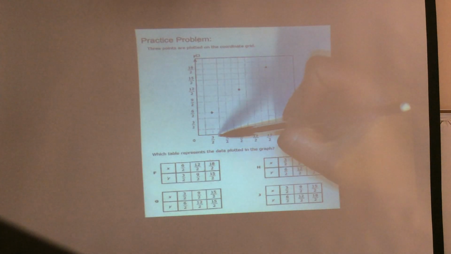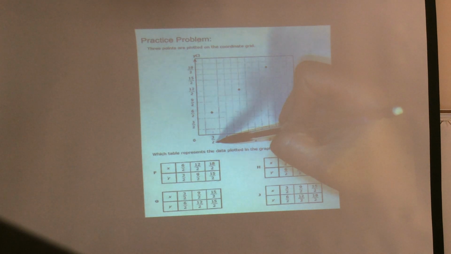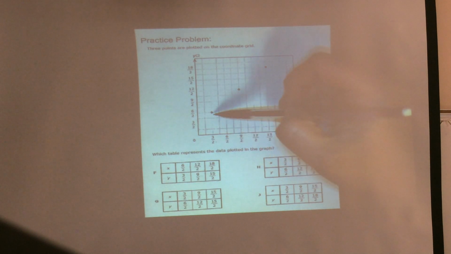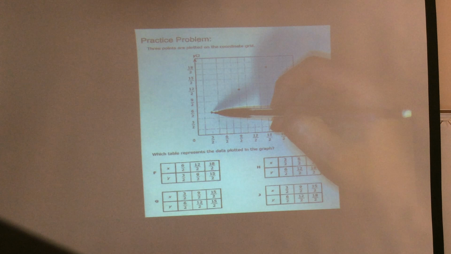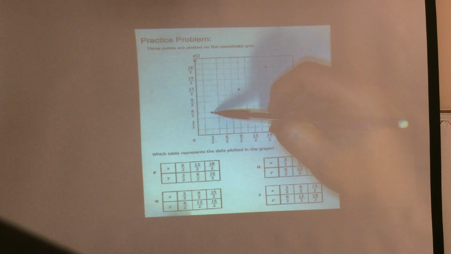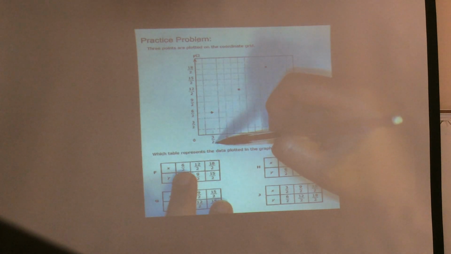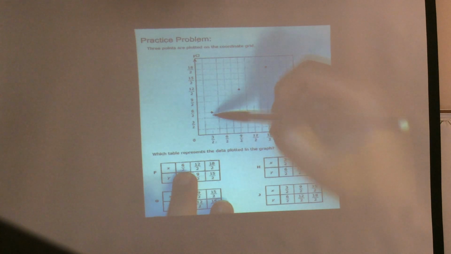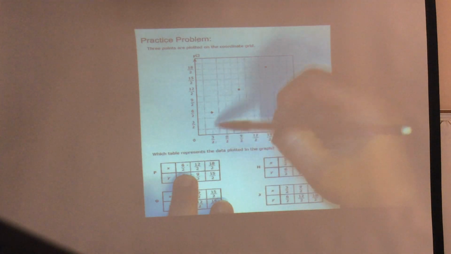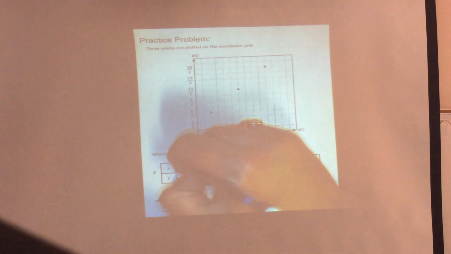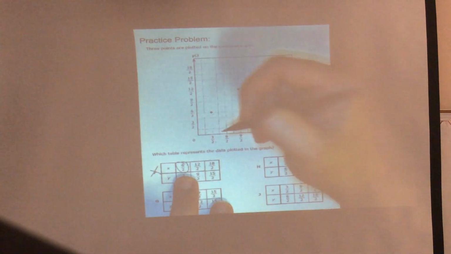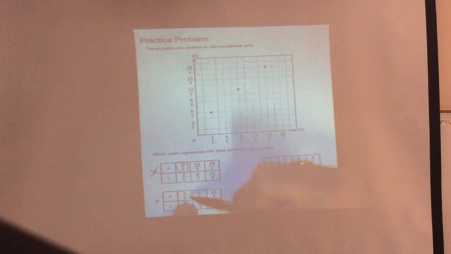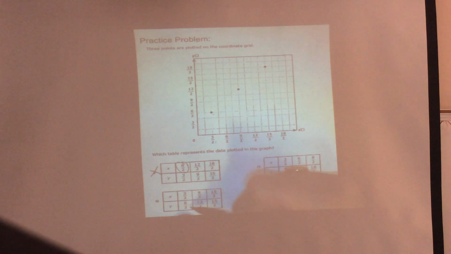So this one is 3 halves for X and 6 halves for Y. So right here, 3 halves, 6 halves. Does my X say 3 halves? Nope, that's wrong. Let's check this one. 3 halves, okay, that's right. 6 halves, okay, that's right.